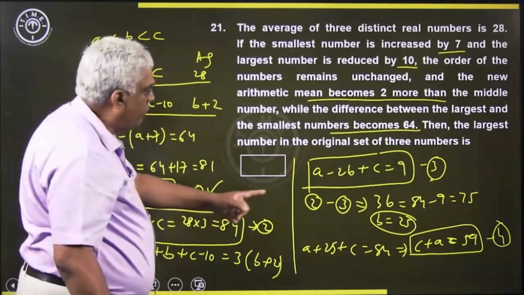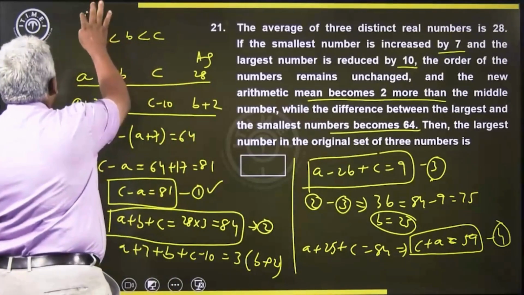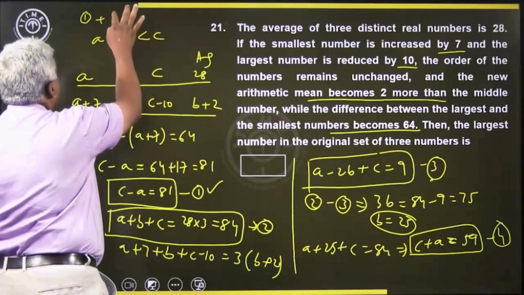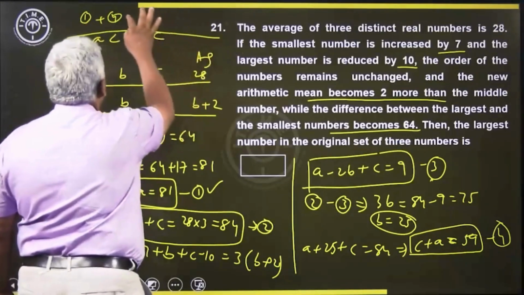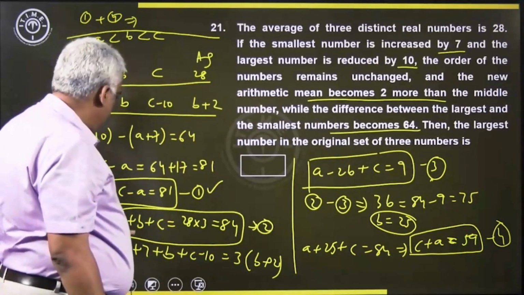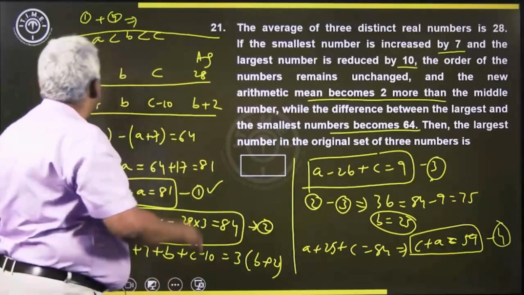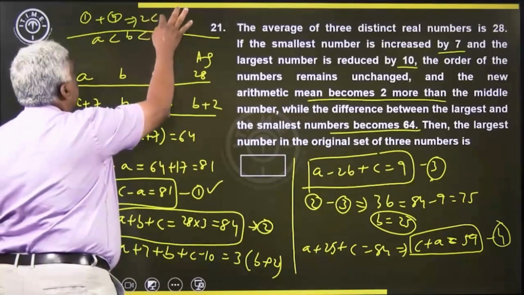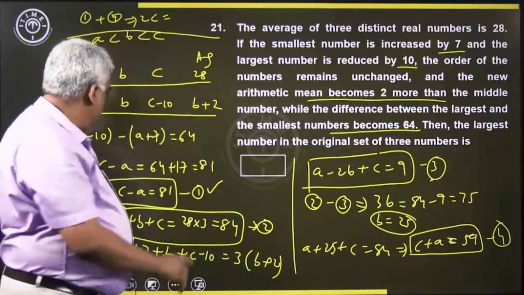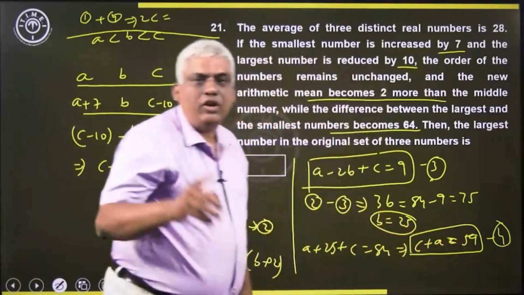So from 1 and 4, if I add 1 and 4, 1 is C minus A and 4 is C plus A, the A gets cancelled and we get 2C. 2C equals 81 plus 59, that will be 140.